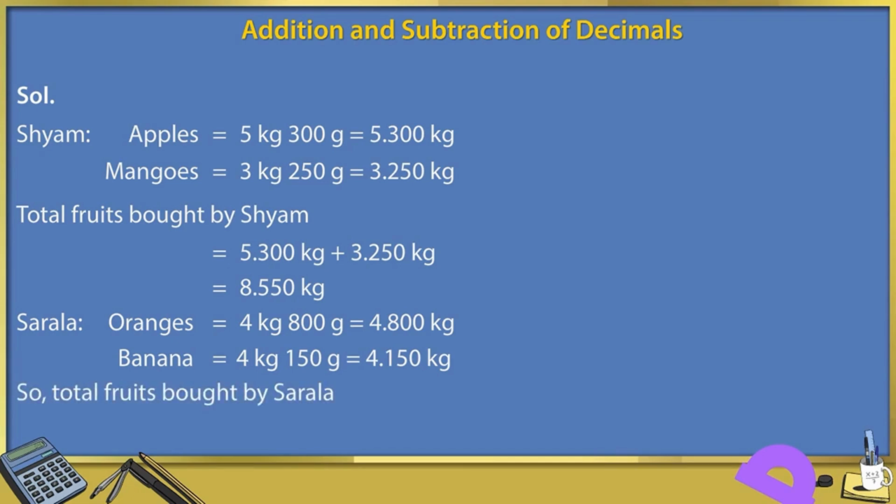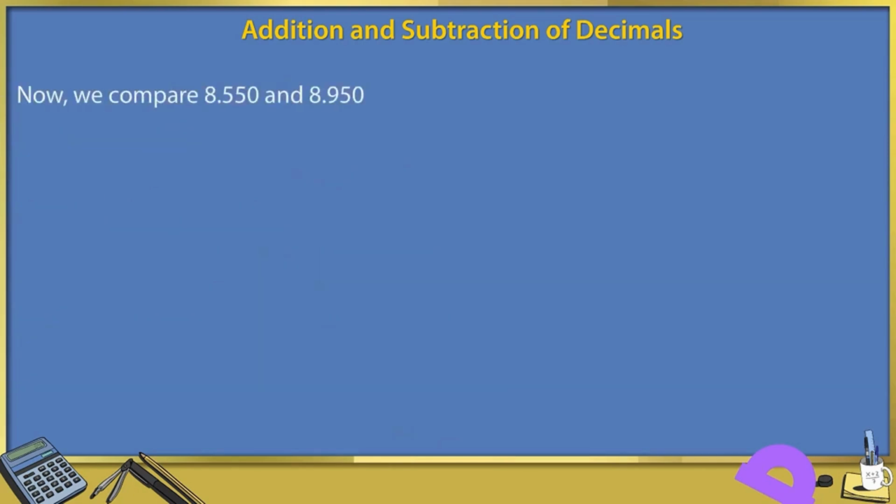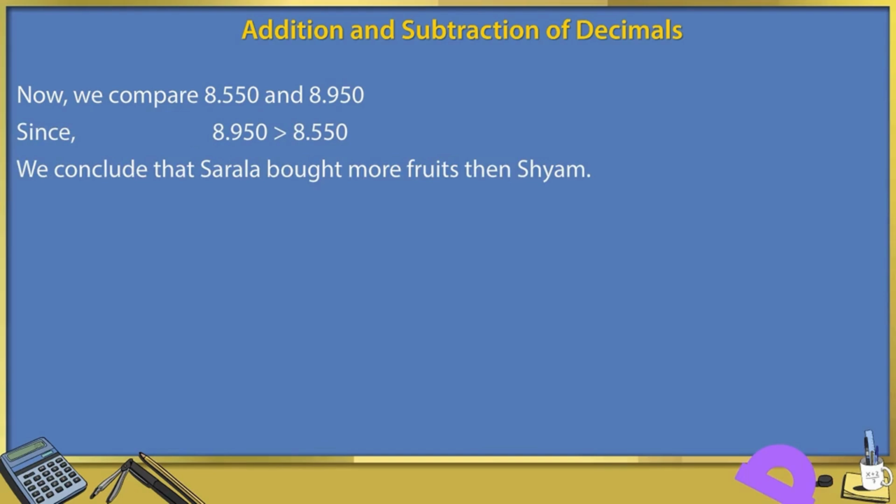So, total fruits bought by Sarla is equal to 4.800 kg plus 4.150 kg, which is equal to 8.950 kg. Now we compare 8.550 and 8.950. Since 8.950 is greater than 8.550, we conclude that Sarla bought more fruits than Shyam.